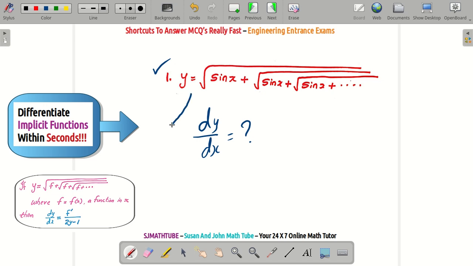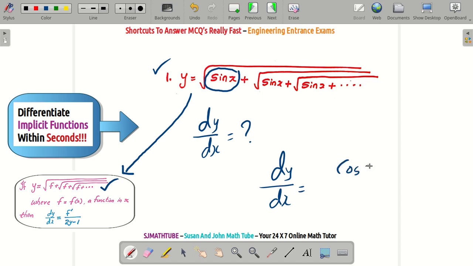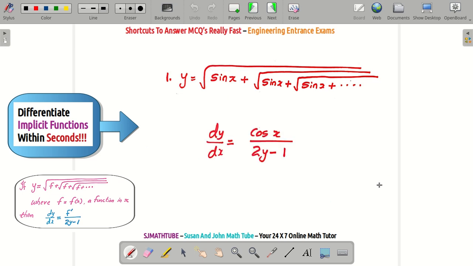I want you to connect our question with this standard format. So tell me, what will be dy by dx? You can answer in seconds. What is the derivative of sin x? Yeah, cos x. And that's it. The denominator will be 2y minus 1. That's it, my friends.